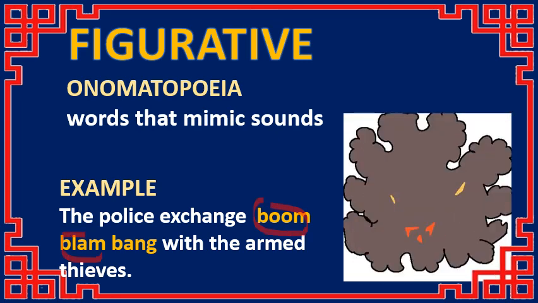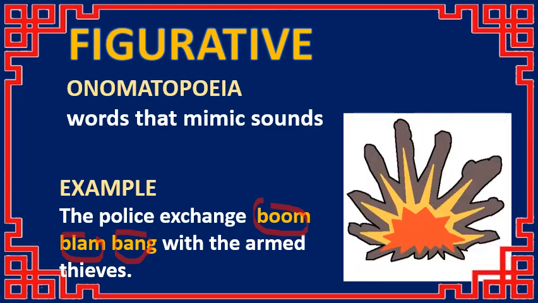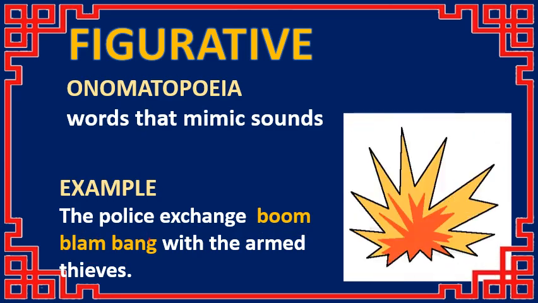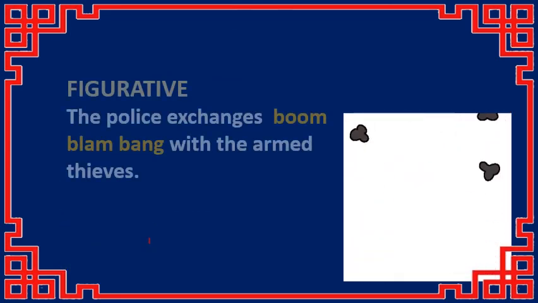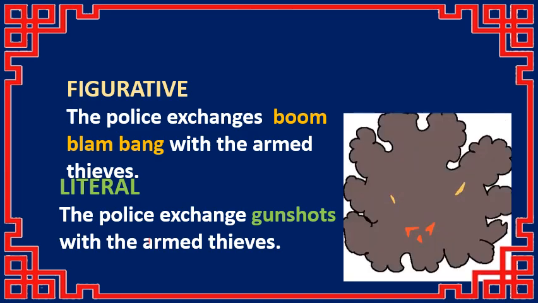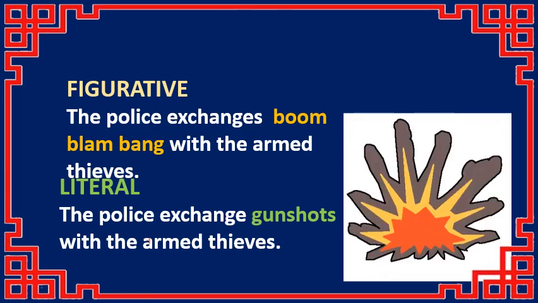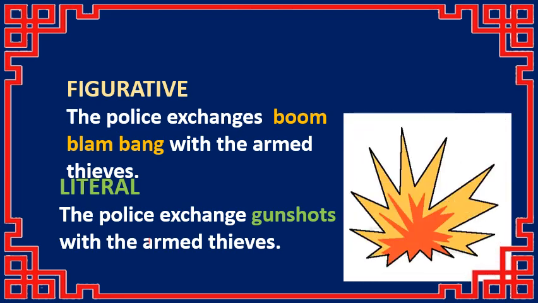Boom, blam, bang are words that represent a sound. But what sound does it represent? To put literal meaning to this statement, the police exchange gunshots with the armed thieves.